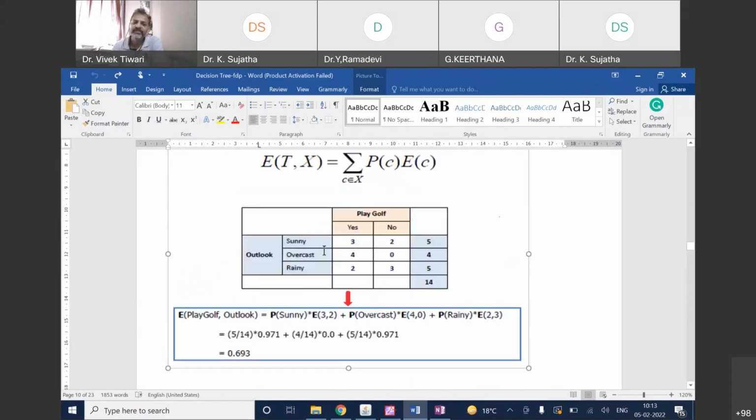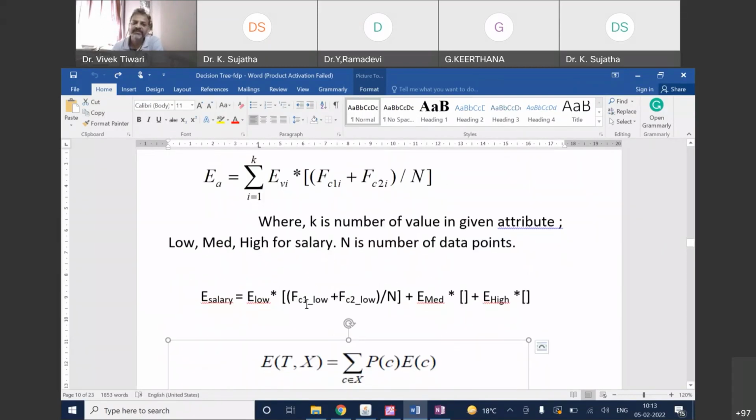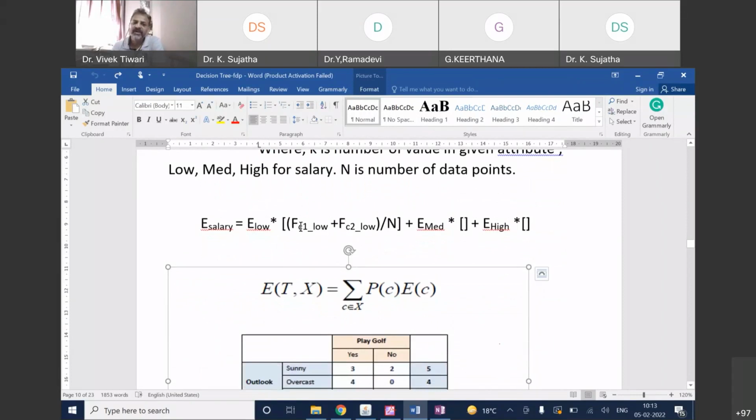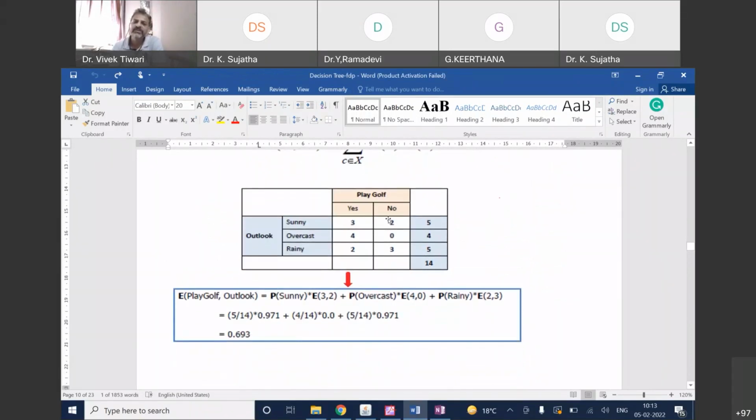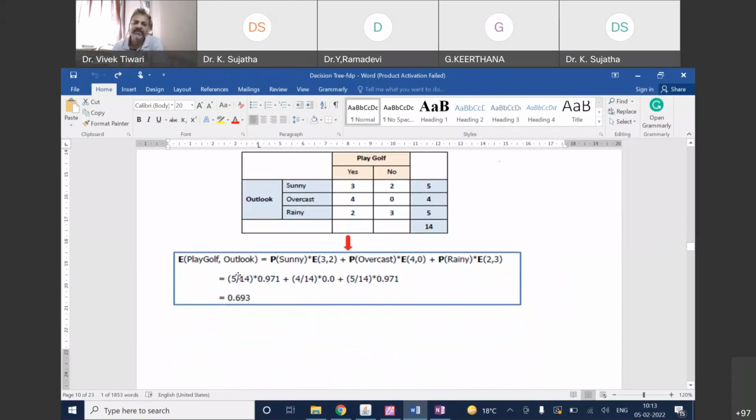Then you have to multiply by this formula: how many low in class 1, how many low in class 2? So 3 plus 2, 5 are there out of 14. 5 out of 14, that is for the sunny or low, you can say.